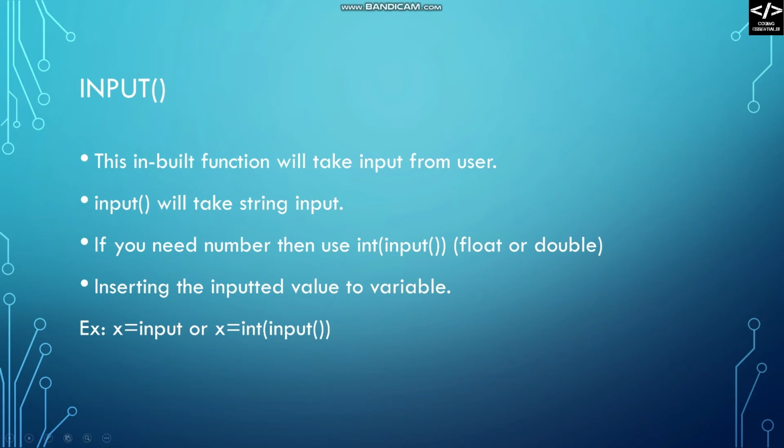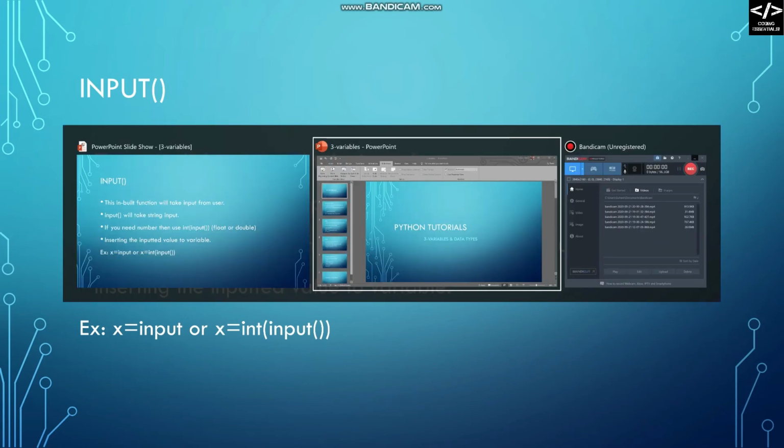Input will take a string input, and if you need a number, then we use int input, or float or double as per your need. To insert the inputted value into a variable, we will write x equals input. I forgot the brackets. x equals int(input()) for a number. Okay, let's try.